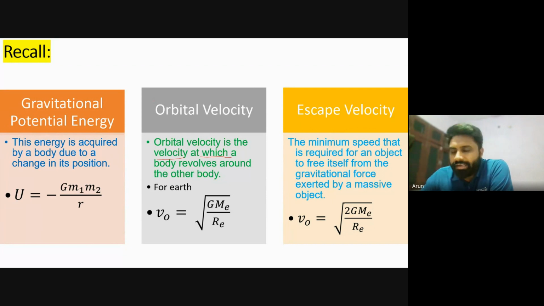So every planet, every mass creates its gravitational field. So if you want to free yourself or any other mass particle from the gravitational field created by another mass, that velocity you have to give is the escape velocity. Okay, which is root of 2 G Me over Re.